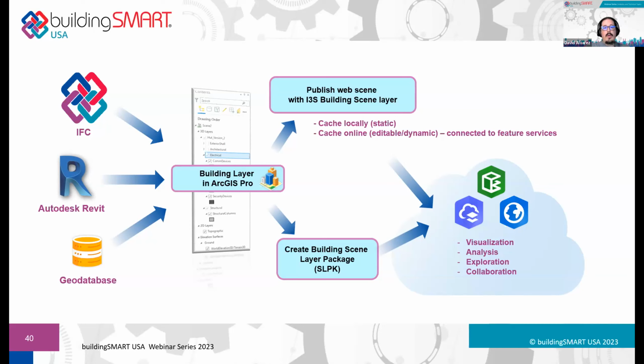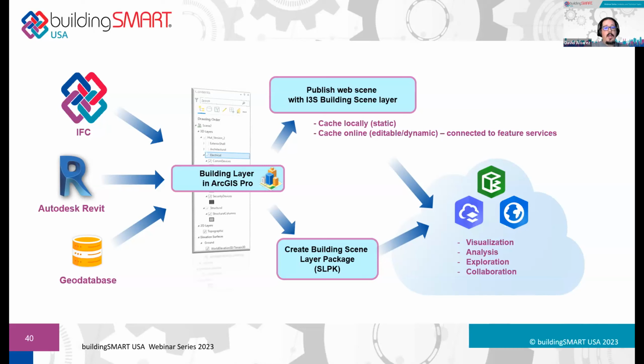You can publish the web scene with the building scene layer, or you can create your SLPK building scene layer package. The SLPK is a way of packaging your digital model into a different format that is read by ArcGIS Pro, Enterprise, ArcGIS Online, or even GeoBIM. So in that case, you're just packaging the digital model.